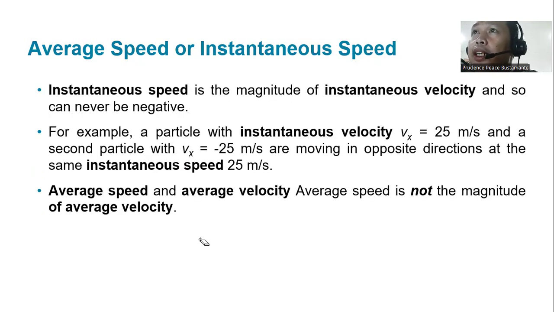The instantaneous speed is the magnitude of the instantaneous velocity, and so can never be negative. Say, for example, a particle with instantaneous velocity v sub x of 25 meters per second, and a second particle with v sub x equal to negative 25 meters per second, are moving in opposite directions at the same instantaneous speed, which is 25 meters per second.